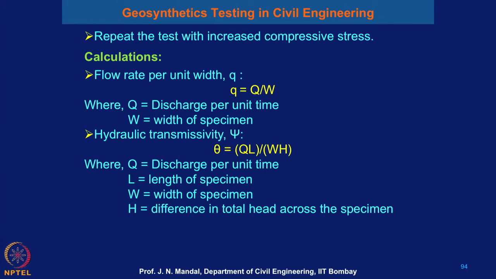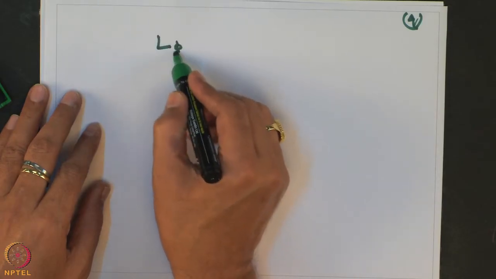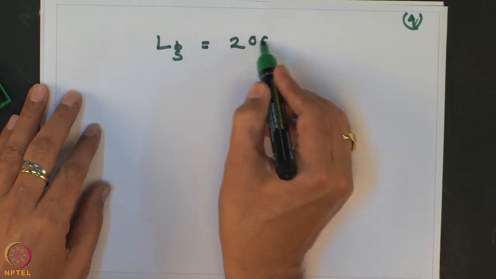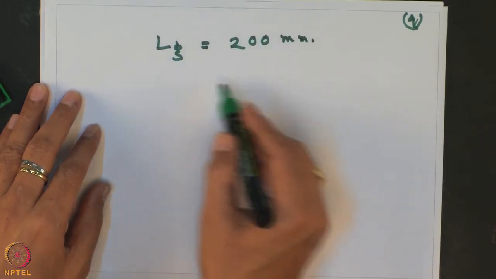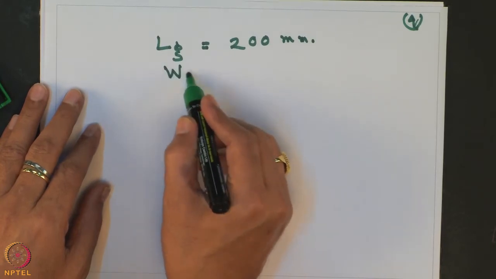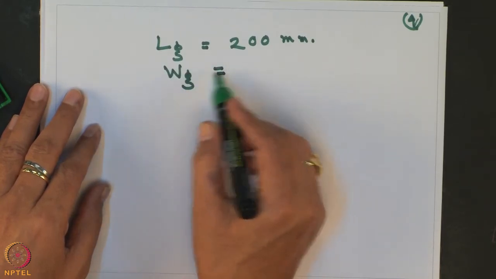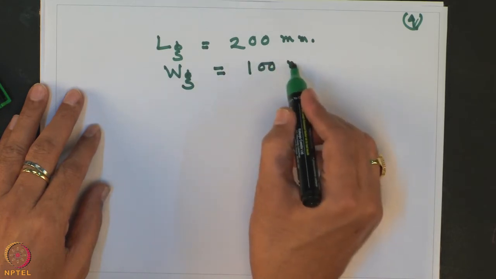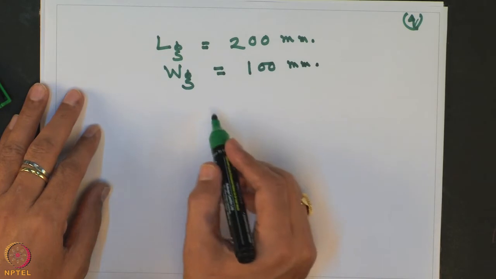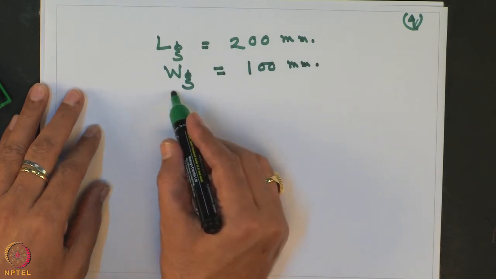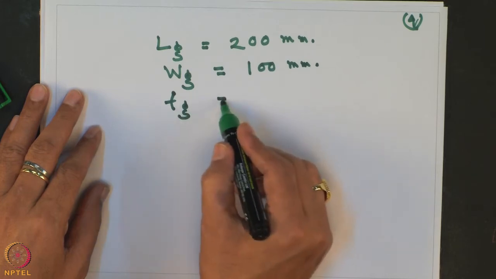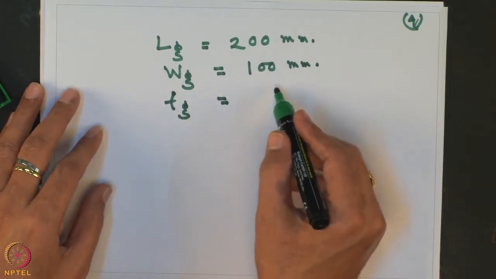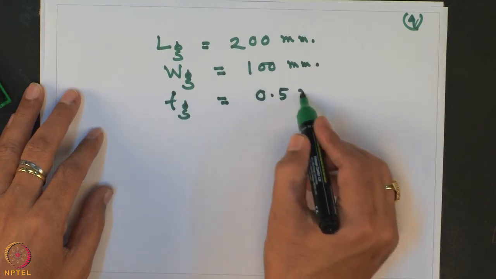For an example, in one specimen calculation, let us say the length of the sample of the geosynthetic material, L_G, is equal to 200 millimeter, and the width of the sample, designated as W_G, is equal to 100 millimeter, and the thickness of the geosynthetic material, T_G, is equal to 0.5 millimeter.